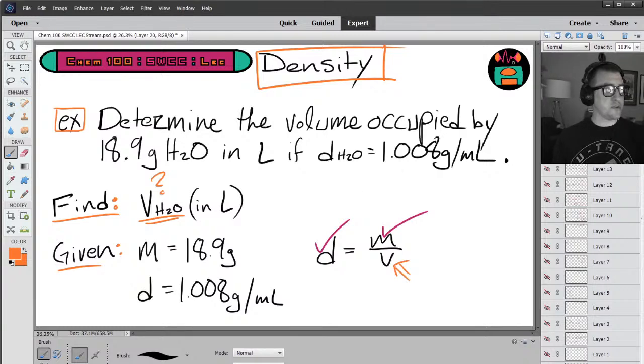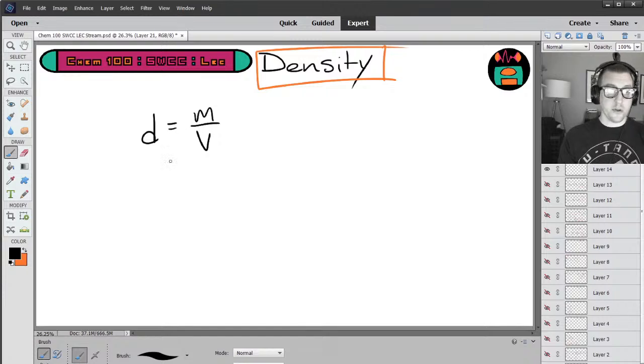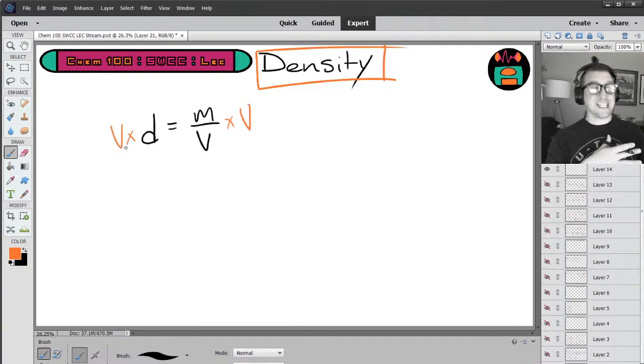Ariana, we're about to see if we do need to multiply both sides by V. But now that we know where algebra is heading, let's unpack this. Density is equal to mass over volume. And yes, it turns out we do need to multiply both sides by volume, because volume is in the denominator of our expression and we need to isolate it on one side of the equation.